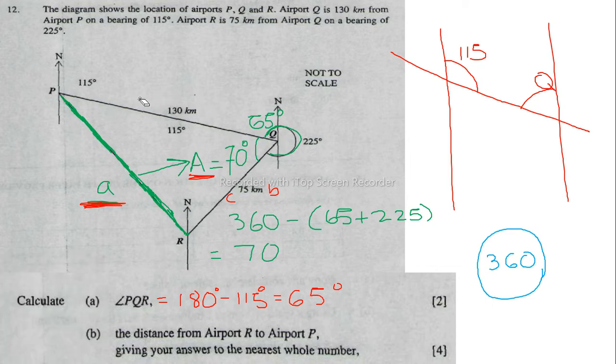So is it a coincidence they want us to find the missing angle first? Yeah, that's why. And so B is equal to 130, and I got C equal to 75.